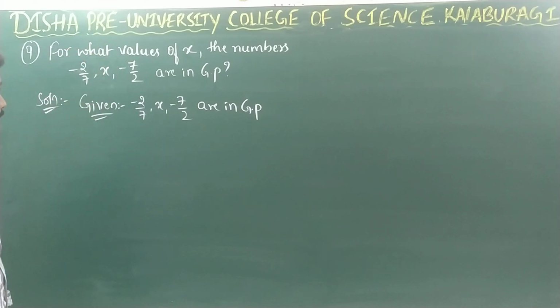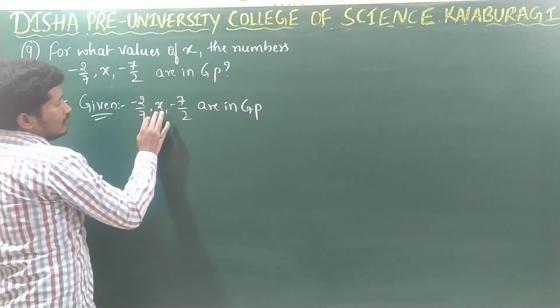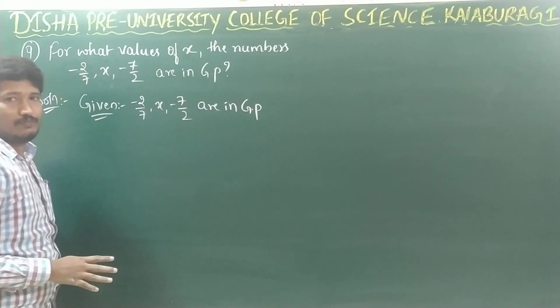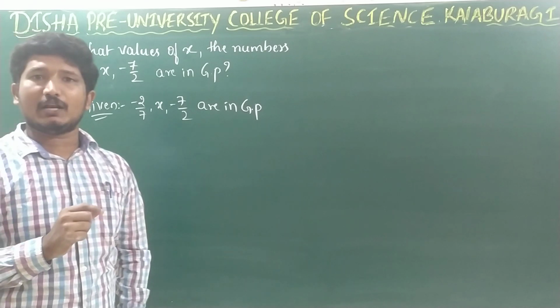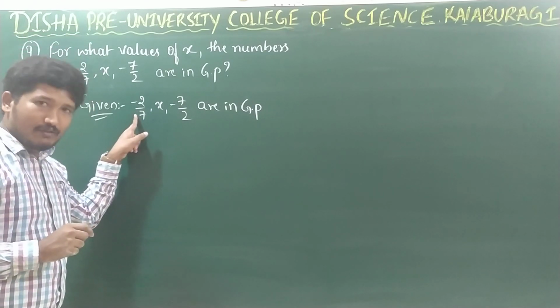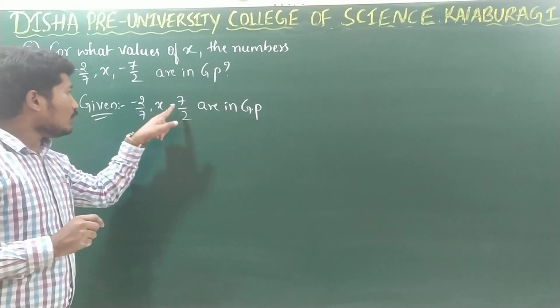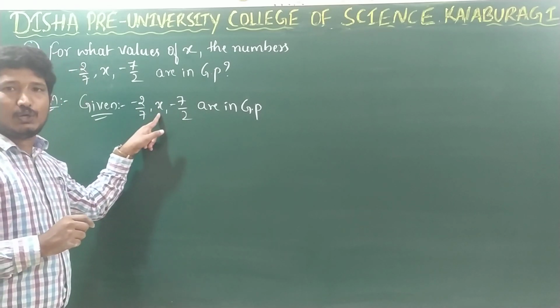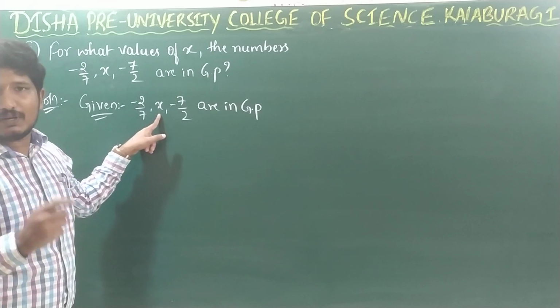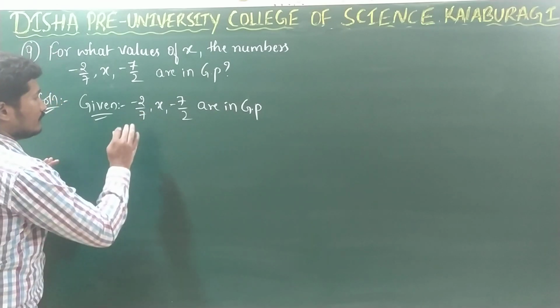Now see here. If these three numbers are in geometric progression, then the ratio will be common. Right? That is A2 divided by A1, or you go for A3 divided by A2. Both will be equal to each other. That is, the ratio will be common. Right? So see here.